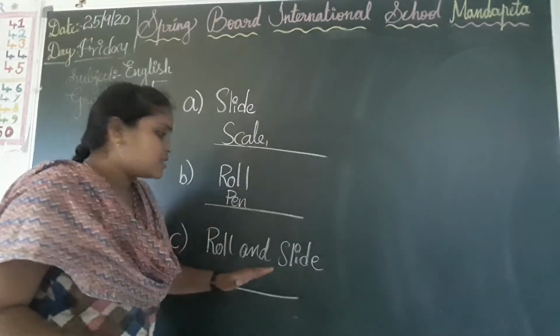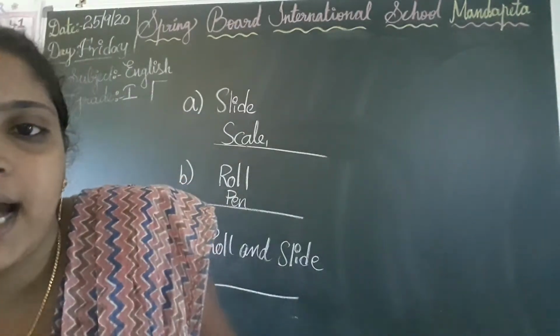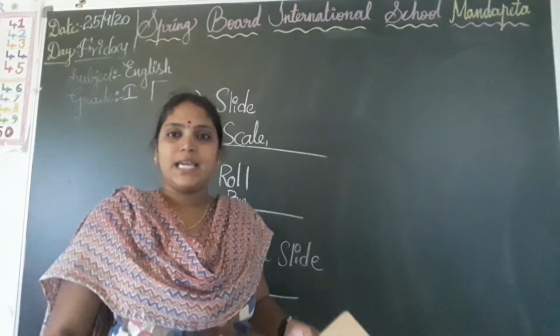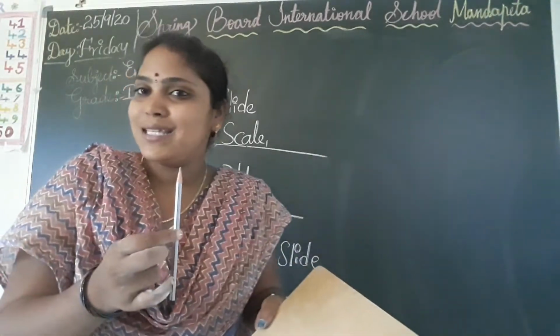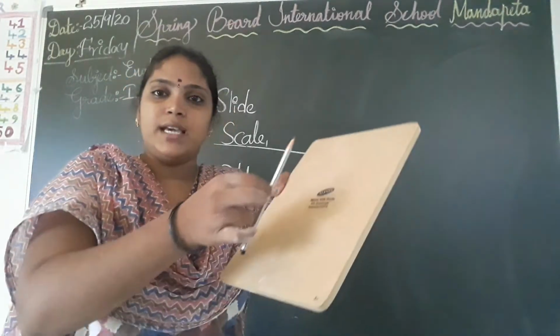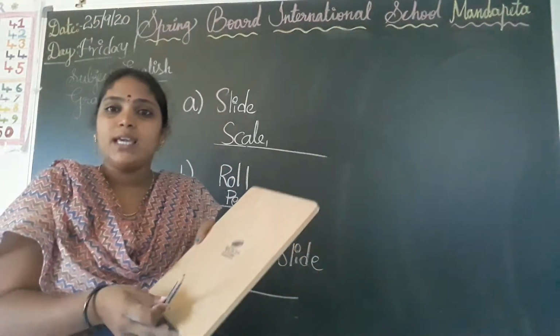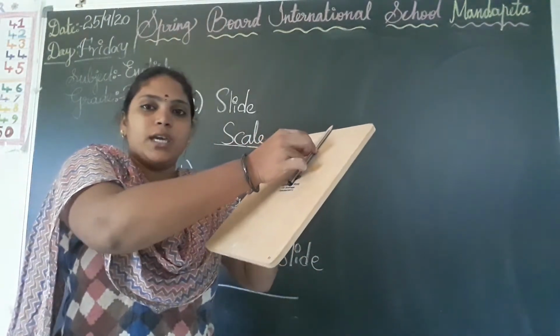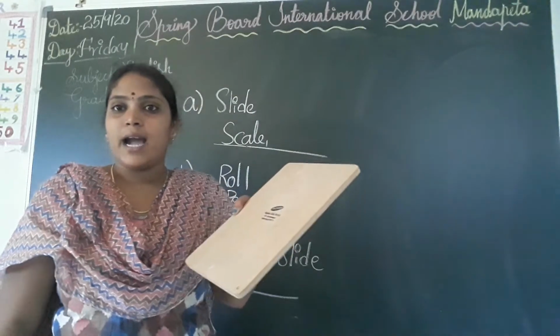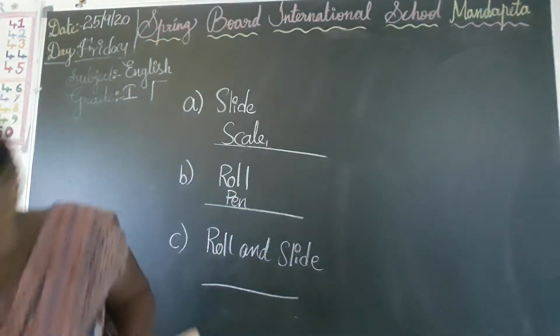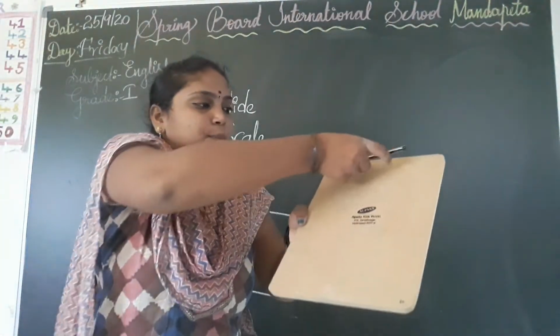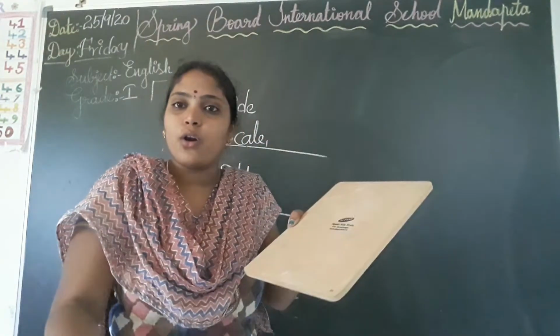Next, which one rolls and slides? If we take a pencil, children, the pencil has a flat surface. If you keep it like this, it slides. And if we place it like this, it rolls.